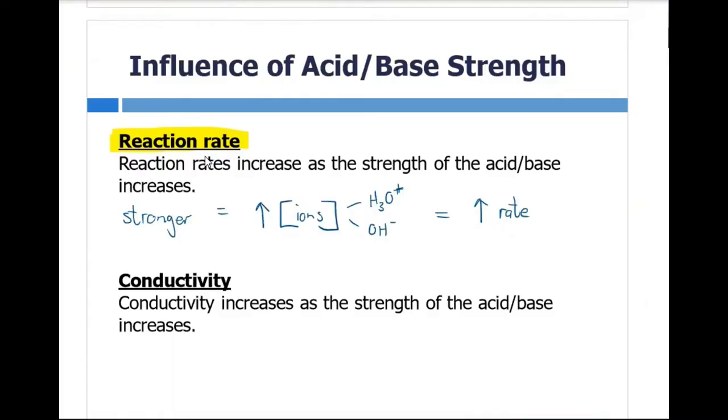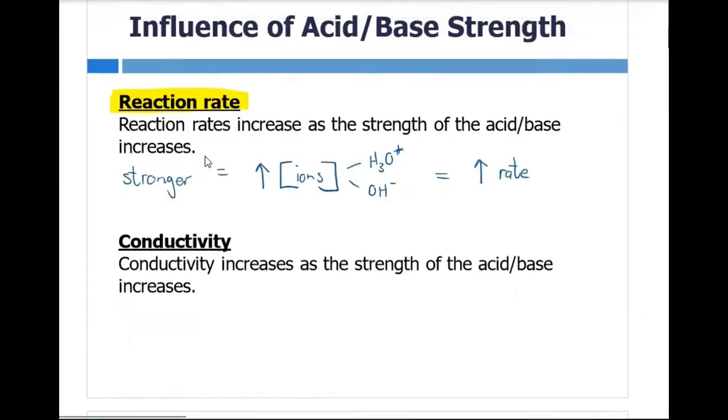When we address conductivity, it's the ability of a substance to conduct electricity, or to transfer electrons or current. Here it's very important to know that a single arrow would be a strong acid (SA) or a strong base, and that means a high concentration of hydronium or hydroxide ions.